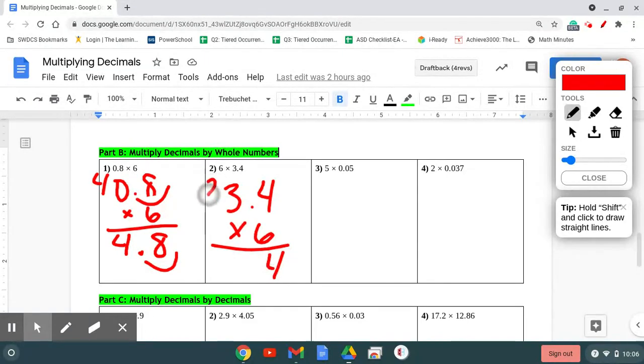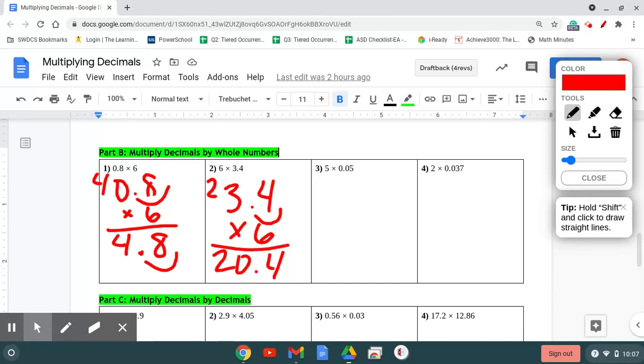Carry your 2. Now we have 6 times 3 is 18 plus 2. 18 plus 2 is 20. 1 decimal, so 1 decimal, 20.4.